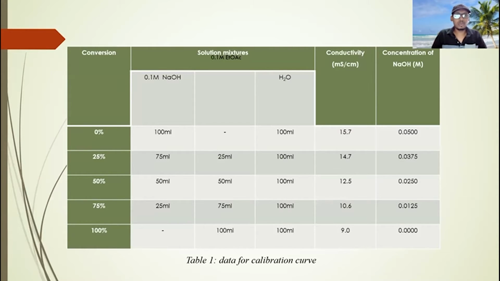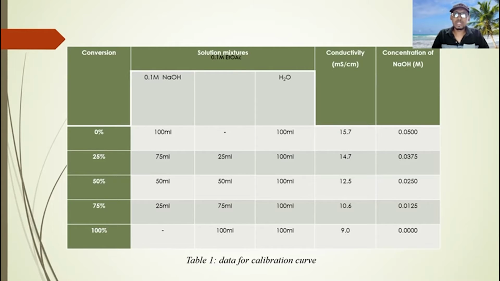For 0% conversion we used 100 ml of sodium hydroxide and water. As the conversion rate increases, the volume of sodium hydroxide decreases by 25 ml. As for water, the volume is constant.